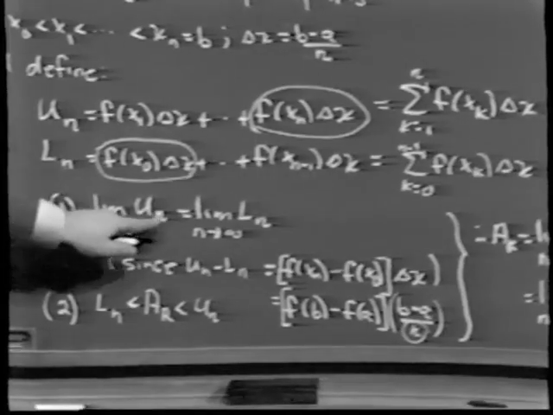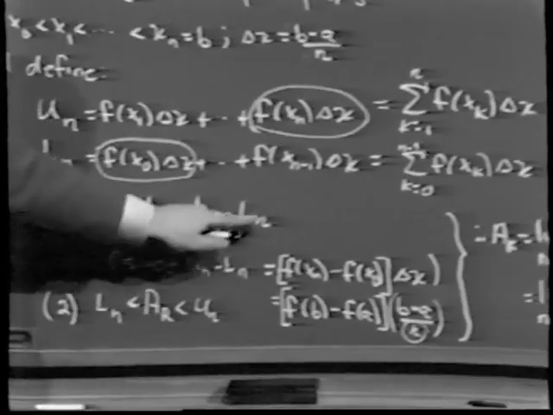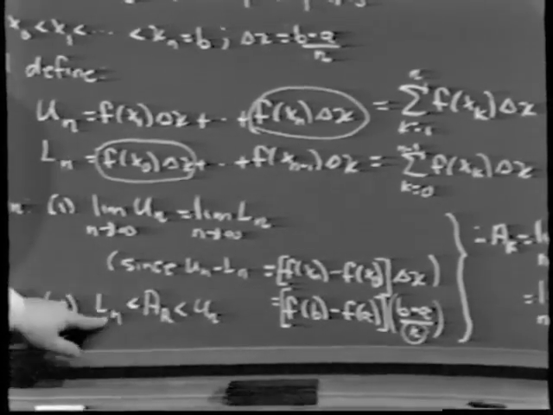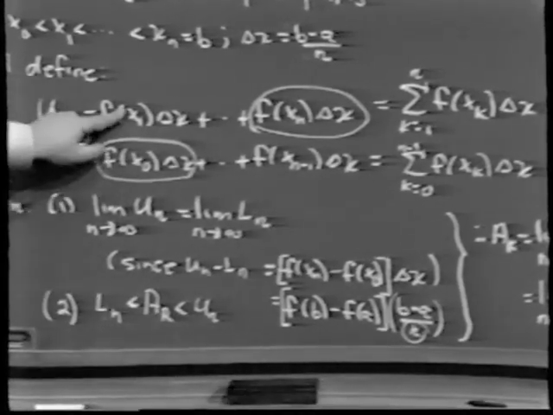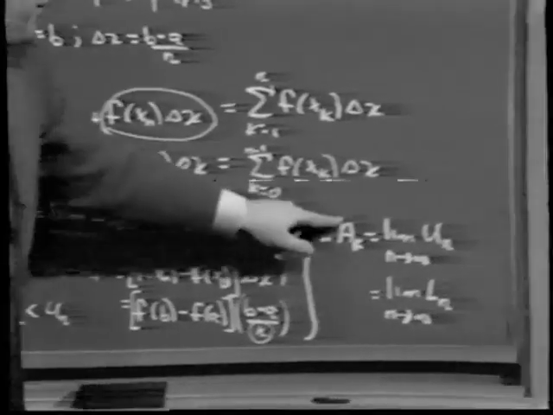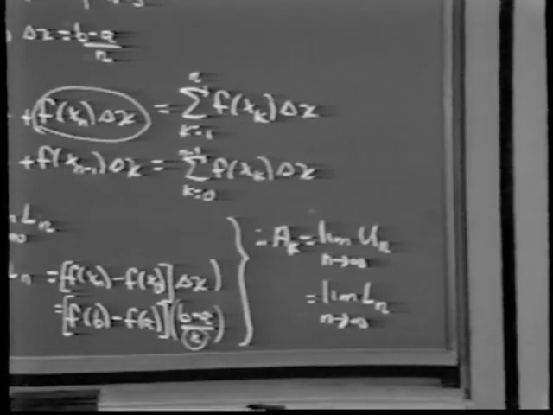That means that the limit of U sub n as n approaches infinity equals the limit of L sub n as n approaches infinity. A sub R is always caught between L sub n and U sub n by this very construction. Consequently, what this means is that the area of the region R must equal this common limit. Okay?